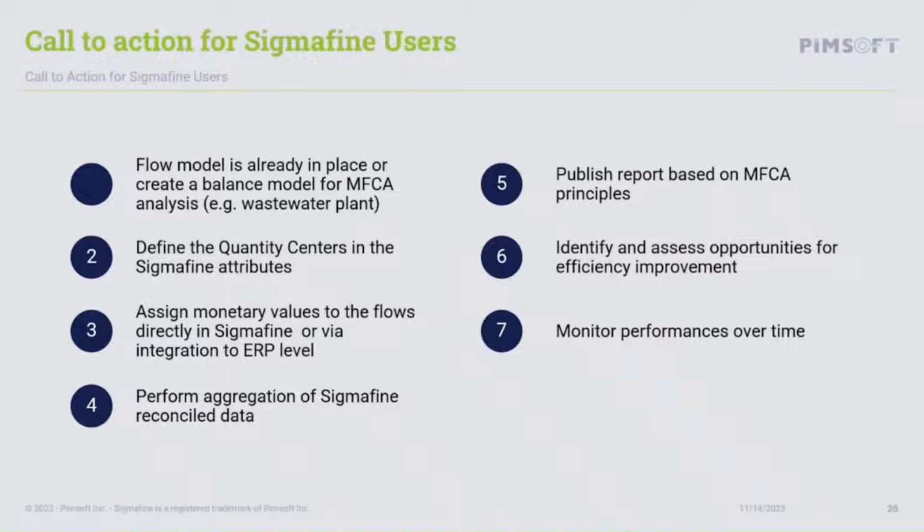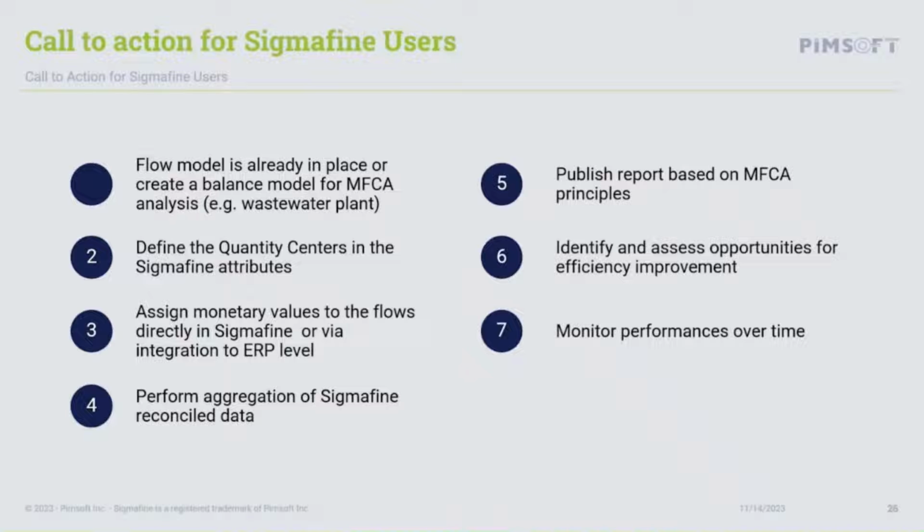Quantity centers can be identified by assigning proper SigmaFine attributes to the assets belonging to each QC. Monetary values can either be directly associated in SigmaFine, or more often, integration between material and energy cost flow is done at the ERP level through the SigmaFine integration framework. SigmaFine data can be aggregated over the defined period needed to perform the MFCA, typically on a monthly basis.